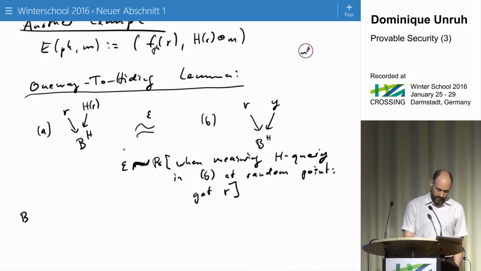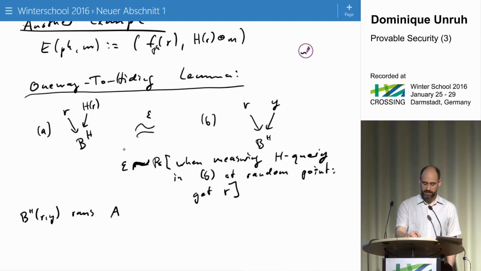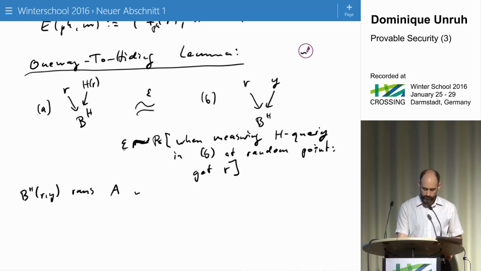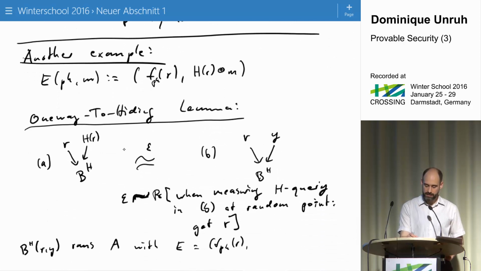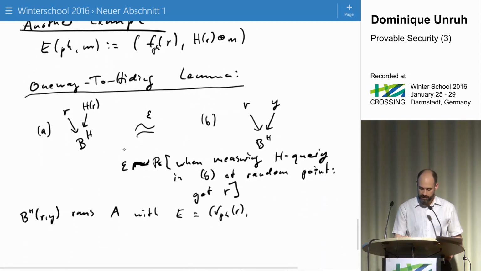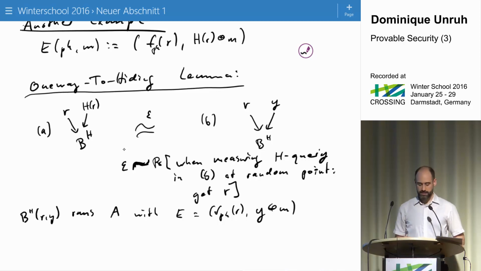So let's say B^H(r,y) runs an adversary that attacks this scheme using an encryption scheme that is defined almost like this, namely it chooses here, instead of using h of r, it uses y, but the rest is the same.